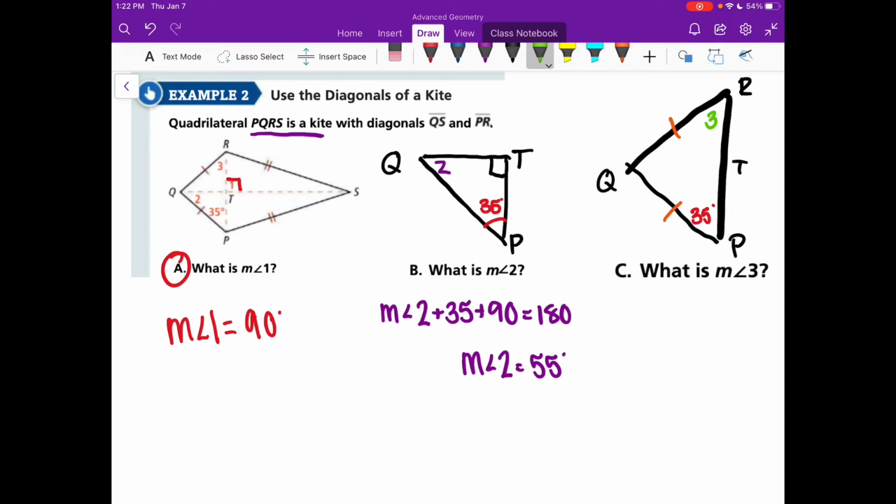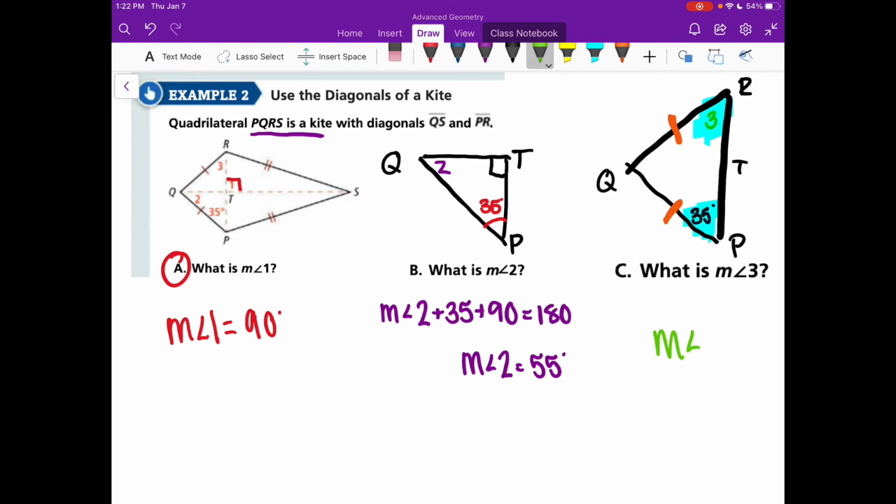Okay. Let's see, what do we know about triangles that have two sides that are congruent? Well, they are isosceles triangles. So that means that their two opposite angles are congruent. So that means that this angle QPT is congruent to this missing angle 3.